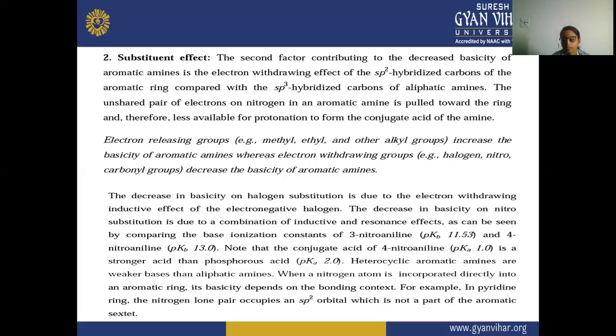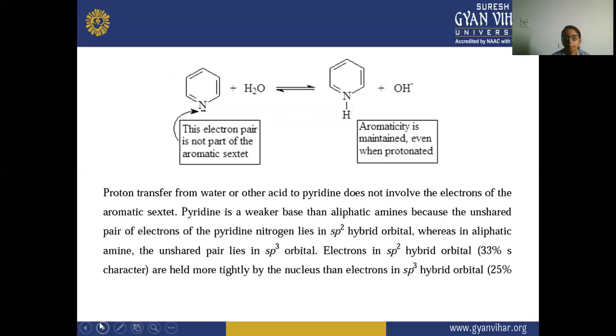The nitrogen is present in the ring itself, so its basicity depends on the bonding. The nitrogen lone pair occupies an sp2 orbital, which is not part of the aromatic sextet.